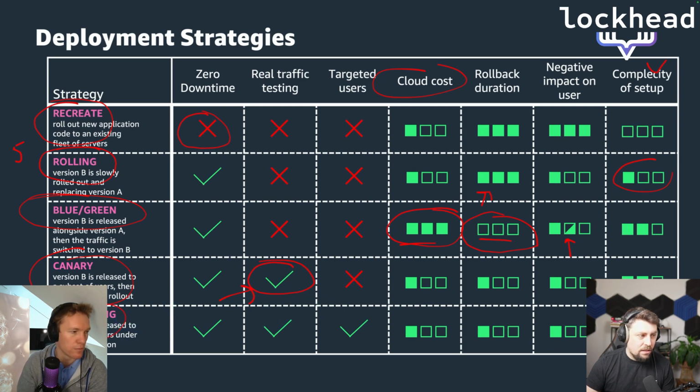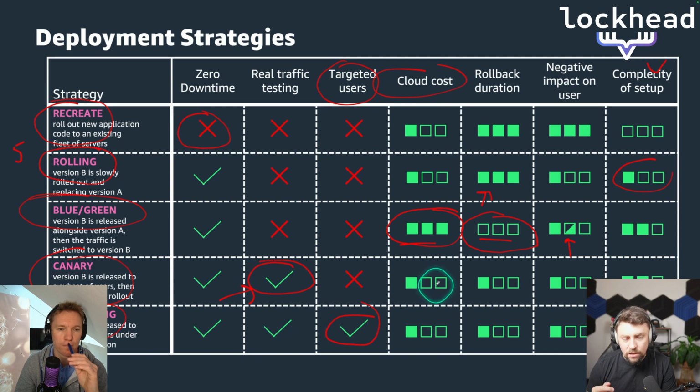A/B testing, as you can see, is the only deployment strategy where we test targeted users. What it means is, for example, you have your e-commerce application and you want to test new functionality only on users who spend 100 euros every month, only on this specific group of users.